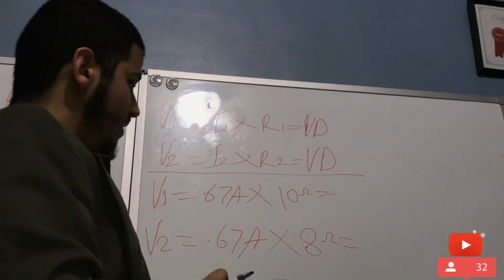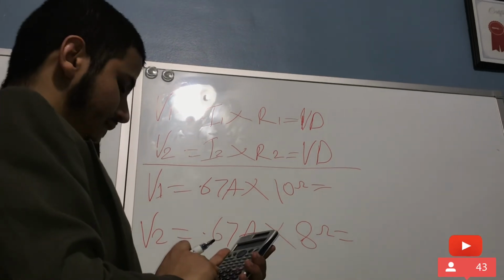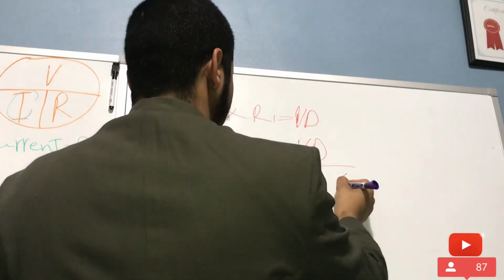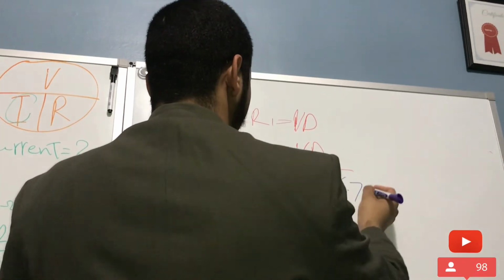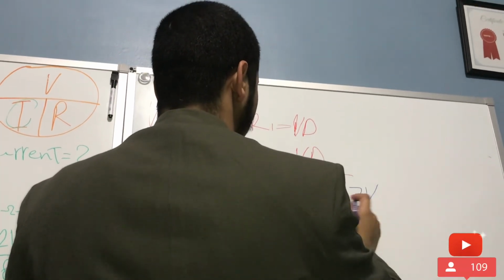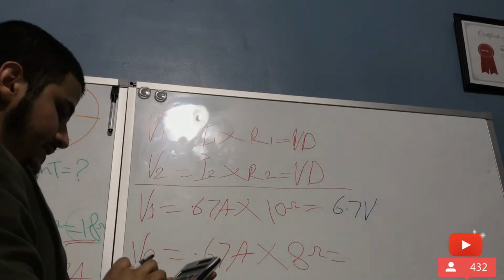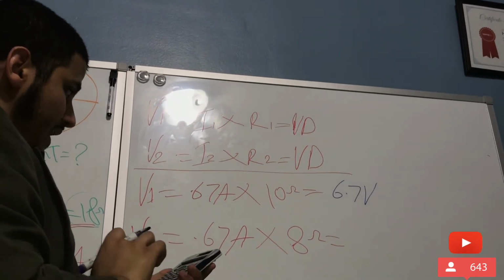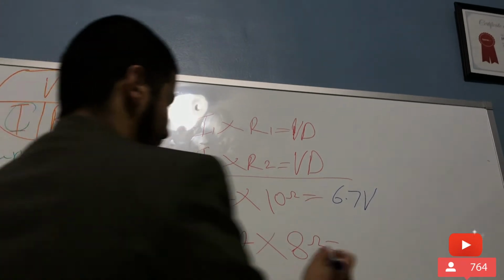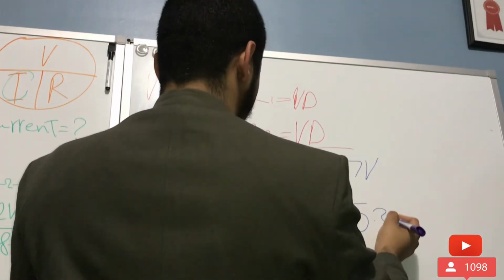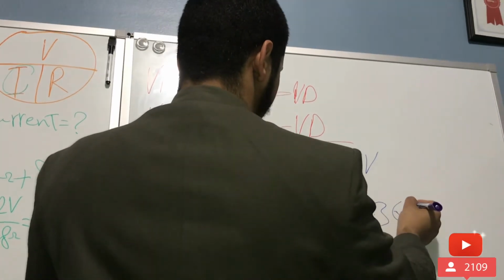I'm just going to put the answer. 0.67 times 10, we get 6.7 volts. And for the next one, you do 0.67 amps times 8. You will get 5.36 volts.